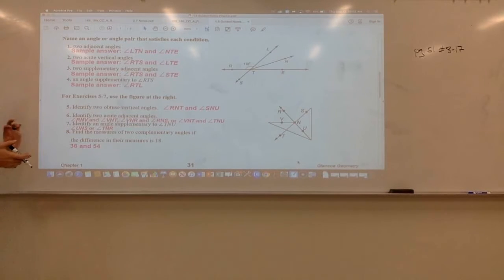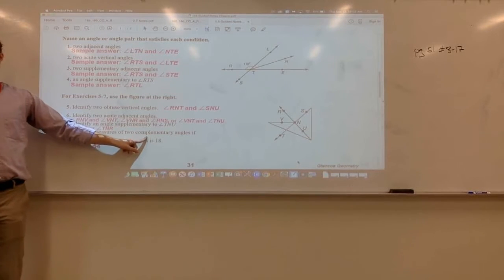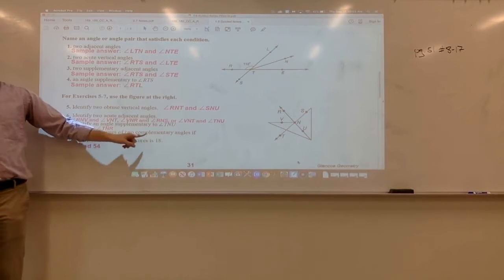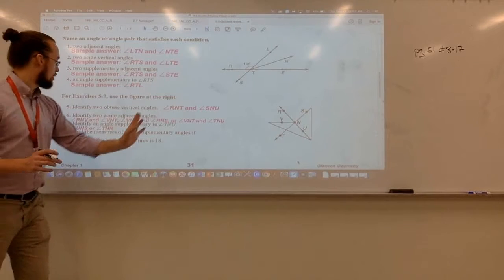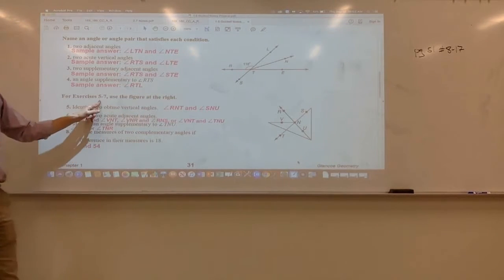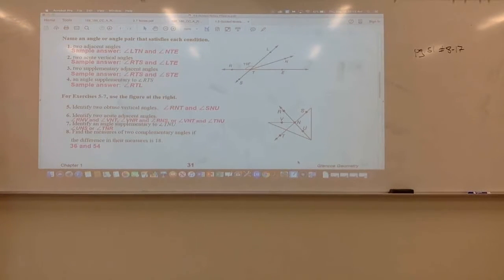So this one is saying if I've got 2 complementary angles. Well, what does complementary mean? Complementary is 2 angles that add to 90, right? So this one is actually kind of separate from the diagram. It just says use the diagram for 5 through 7.